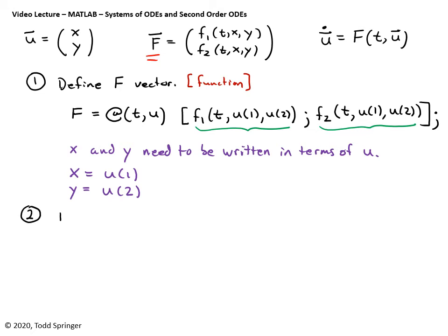Okay, then everything else here is the same as before. Provide a list of times, Tmin, Tstep, Tmax. And I provide an initial value, u0.